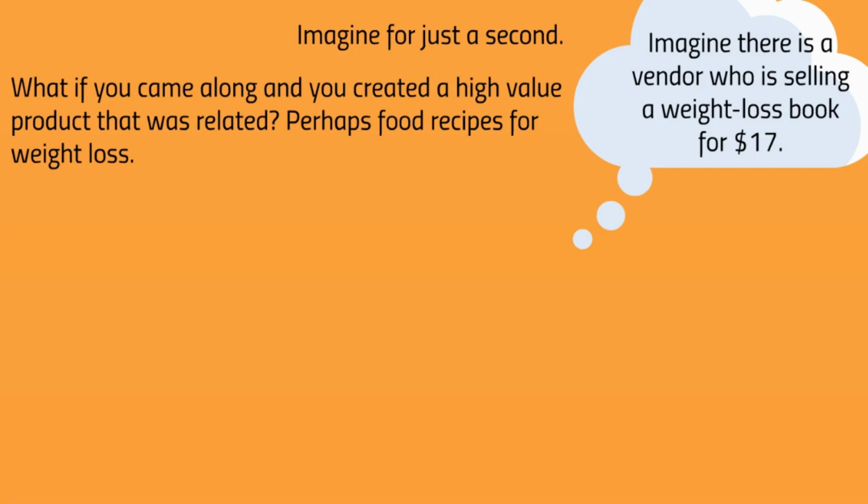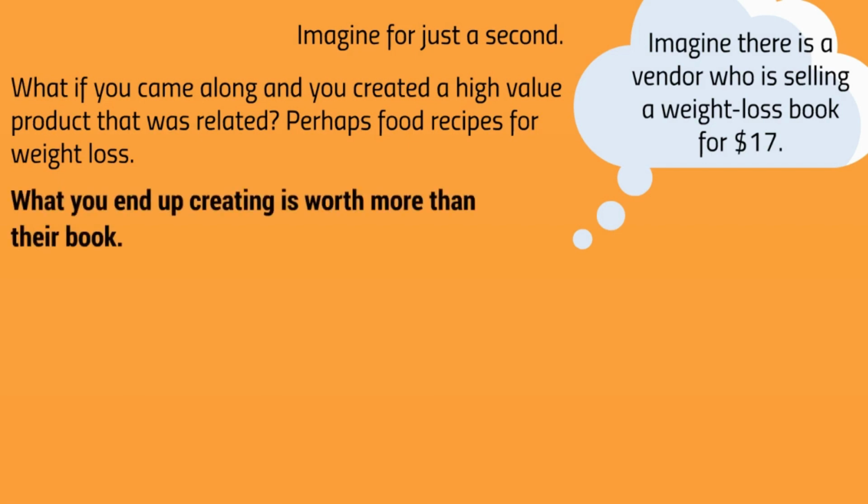Obviously, if you approach a vendor who is selling a recipe book on weight loss, they're more likely to say, oh no, definitely not. Heck no. They're definitely not going to accept that, because it's just too close to what they're selling. So in this case, because their book is about weight loss and weight loss training exercises, you can create a high value product, related indirectly, that is discussing food recipes for weight loss.